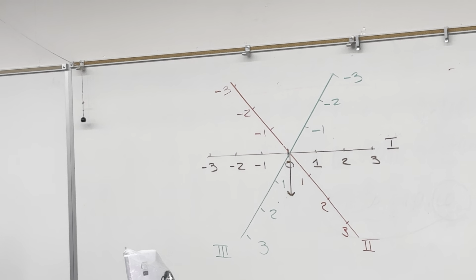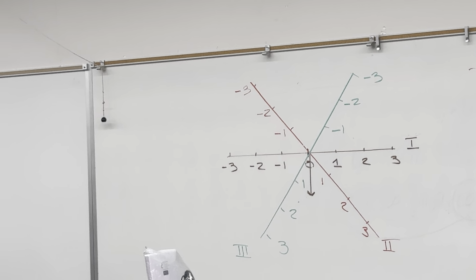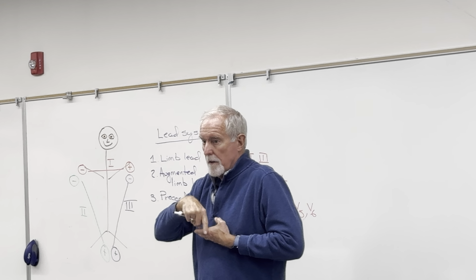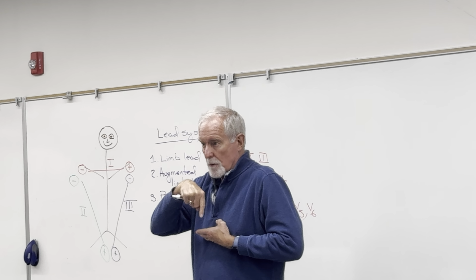So I'm showing the electrical activity of the heart, and here's what it's doing. If everybody just look at me, here's my heart. And for this brief, instantaneous moment, the electrical activity is doing that. It's going straight down.